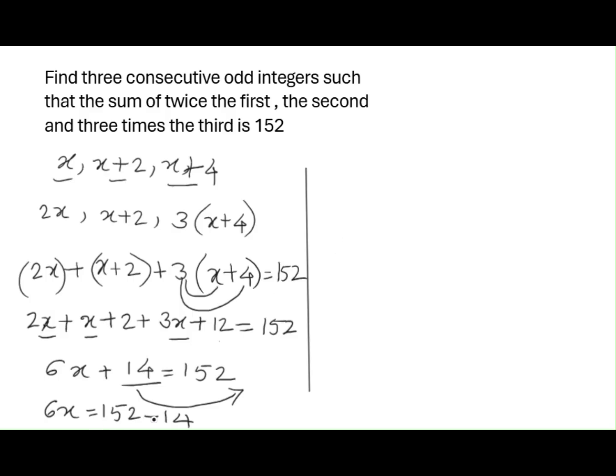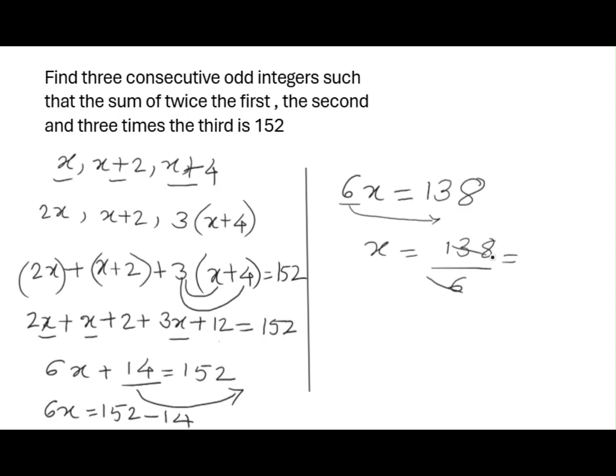Now 152 minus 14 can be solved, and we will get 6x is equal to 138. Now x here is in the multiplication form. If it goes to the other side, it will go in the division form. x is equal to 138 divided by 6.